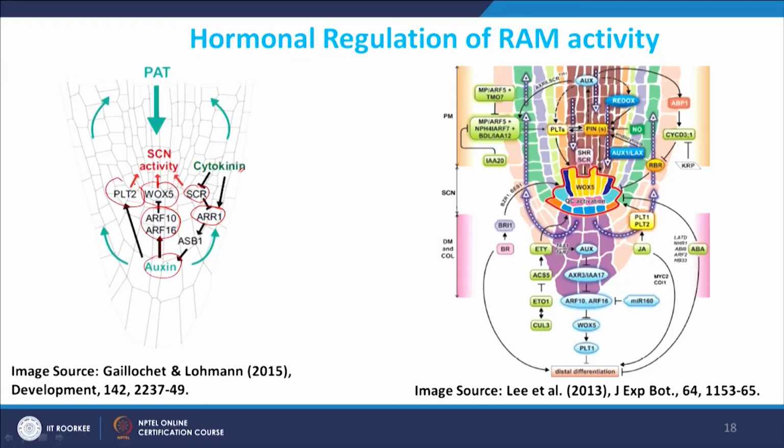And this is a very complex picture, we will not go into the detail, just to highlight that apart from auxin and cytokinin, ABA, JA, brassinosteroid, all other hormones have roles and functions in root apical meristem maintenance.